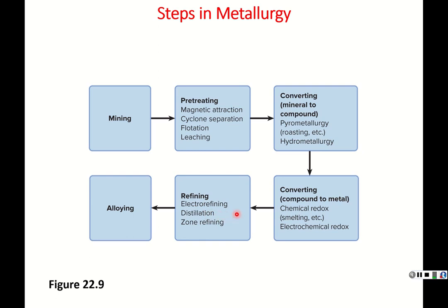Distillation is one that you might be familiar with, although maybe not familiar that it can be used to refine metals, as we usually think of that as being for volatile chemicals like gases, but it can also be used in some cases with low boiling point metals. Right? And then finally, alloying, that's the mixing of metals together to form a compound that has specific properties that you're looking for.